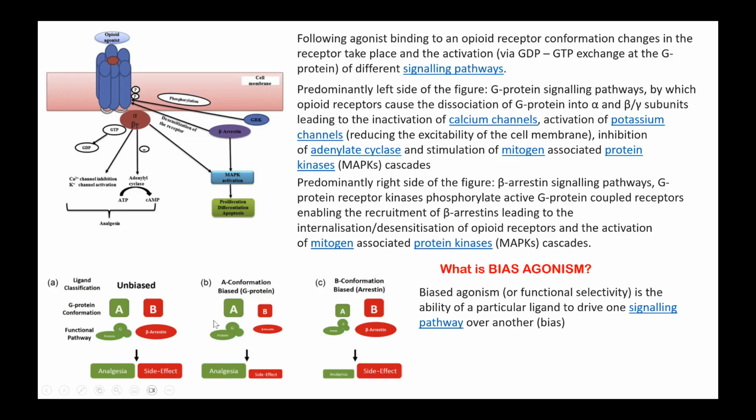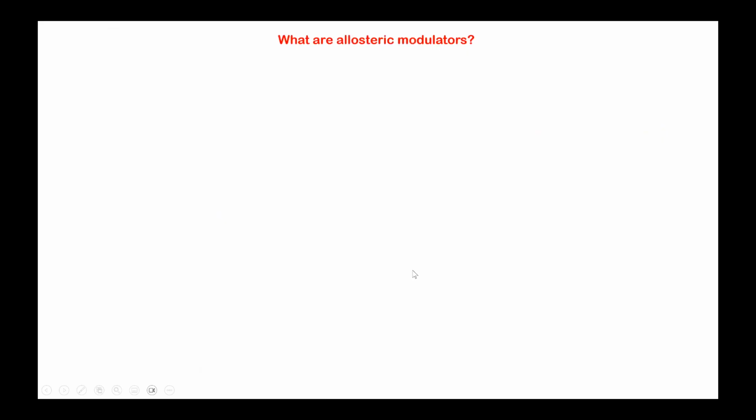It may be predominantly analgesia stimulating, then it becomes biased towards the analgesic component, which will produce more analgesia and fewer side effects. The third group of drugs predominantly stimulates the arrestin, so more side effects and less analgesia. This explains nicely the mode of action of some of the common drugs which are used now, and that is a newer thing that is happening.